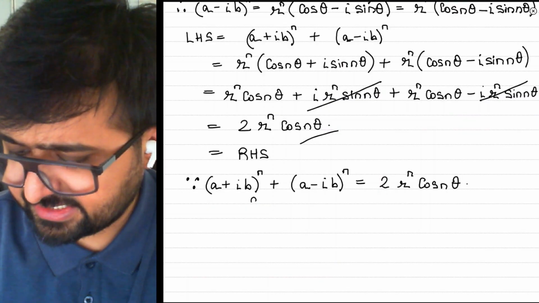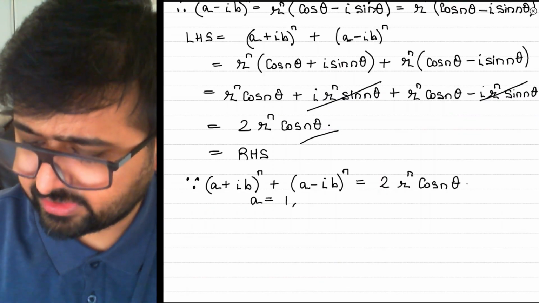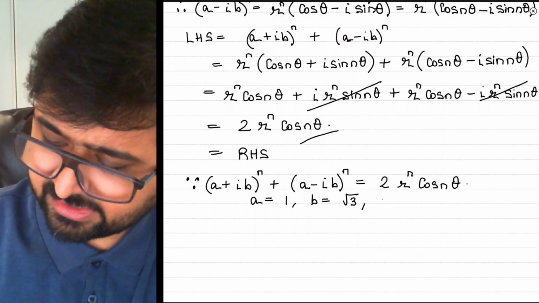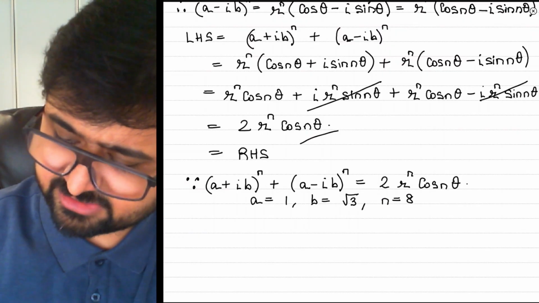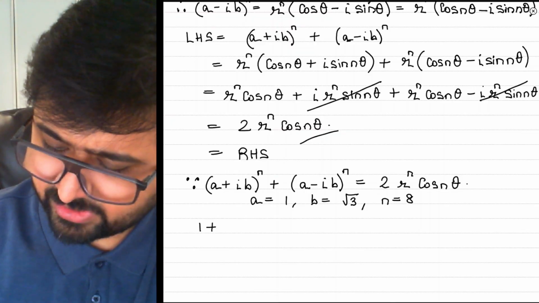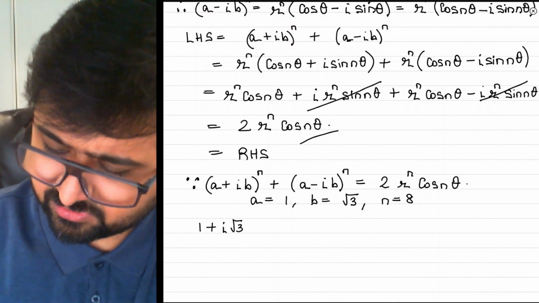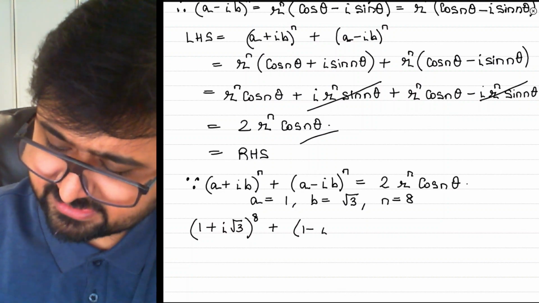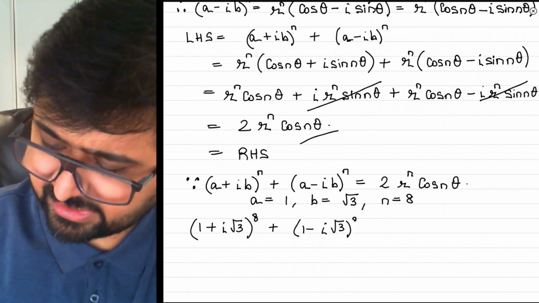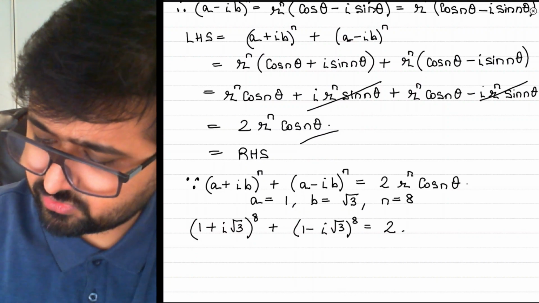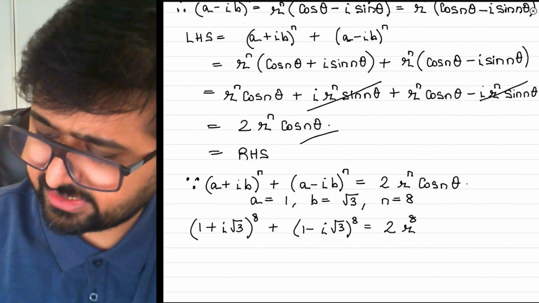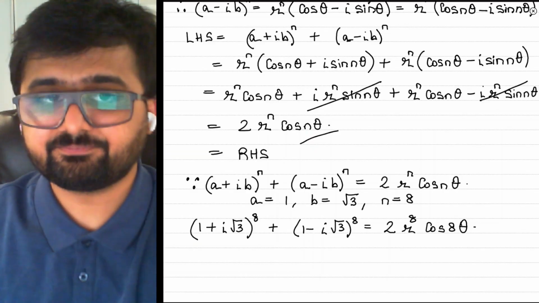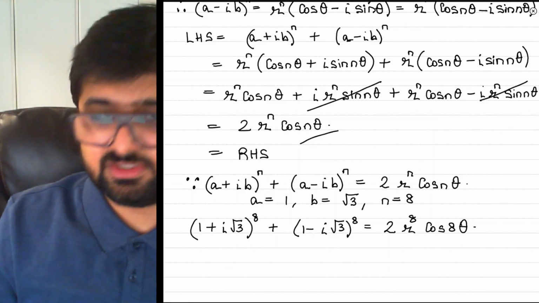So let's just say a equals 1, b equals root 3, and n equals 8. Let's put those values. So we get (1 + i√3)^8 + (1 - i√3)^8 is 2r^8 cos 8 theta. That's what we get, right?